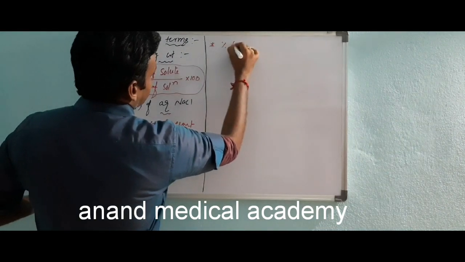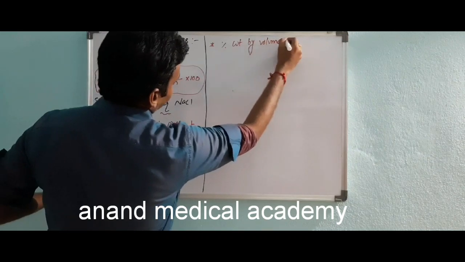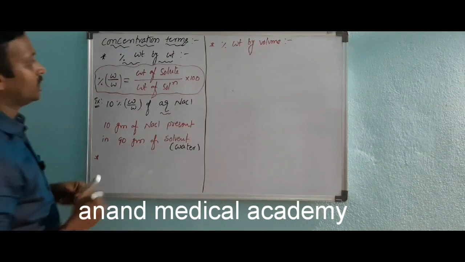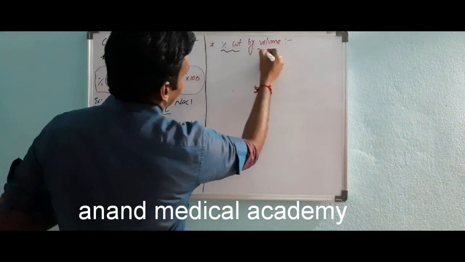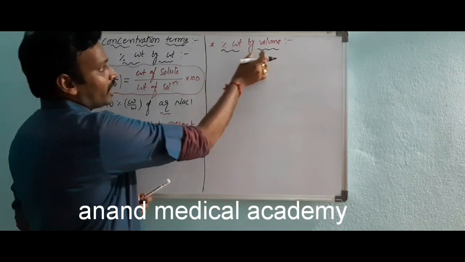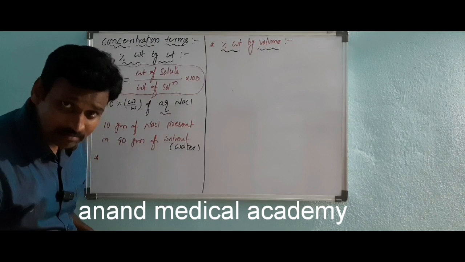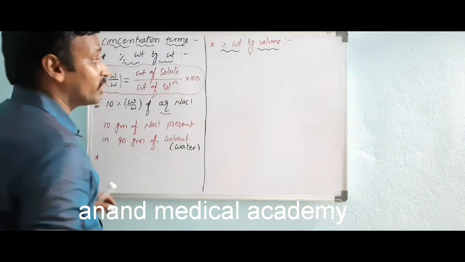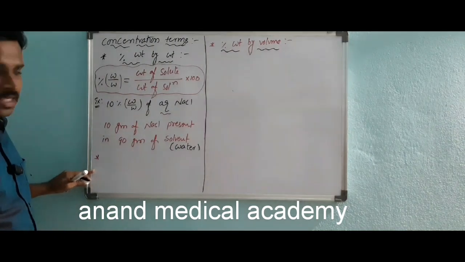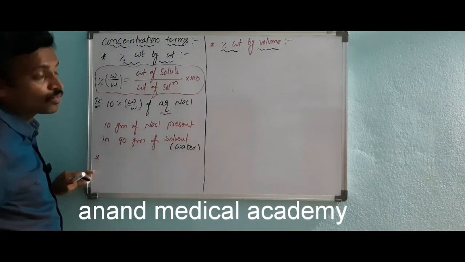The next one is percentage weight by volume. Here, in that name only, you have the answer. Can you define it? Now, I will define. Percentage weight by weight means the amount of solute present in 100 grams of given solution.